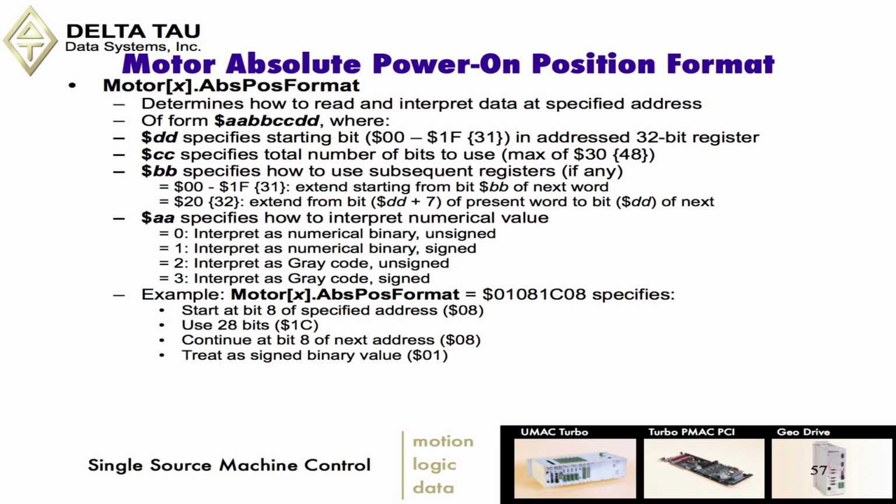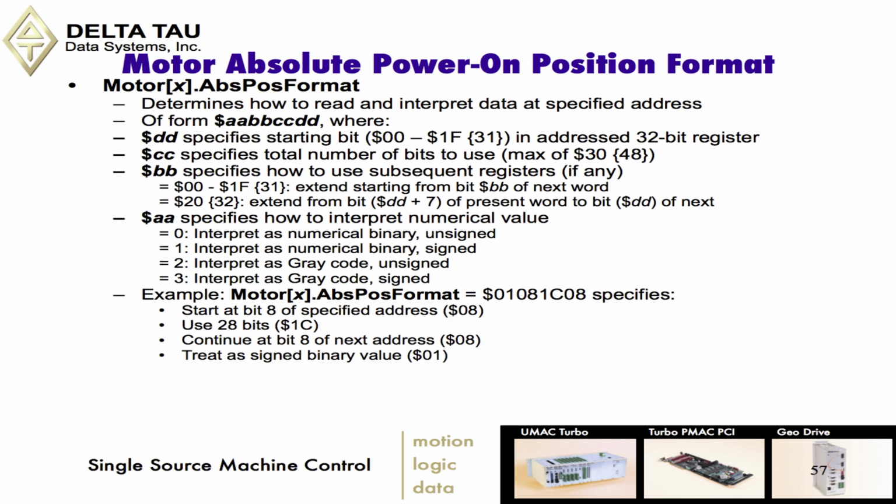The C section specifies the total number of bits to use, up to 48 bits. The B section specifies how to use the subsequent register, if it's looking at multiple registers. And then the A section specifies how we're going to interpret the numerical value. The default 0 is pure unsigned binary. A value of 1 interprets it as signed binary. 2 interprets it as unsigned gray code, and 3 interprets it as signed gray code.